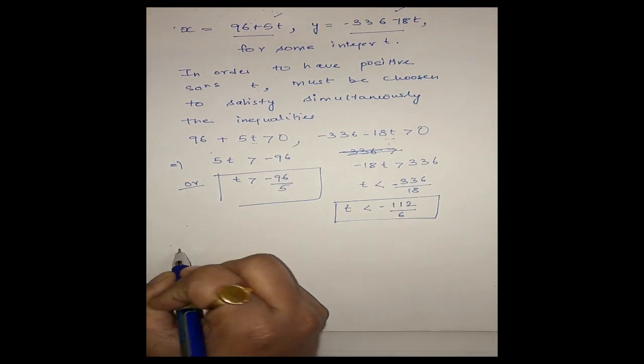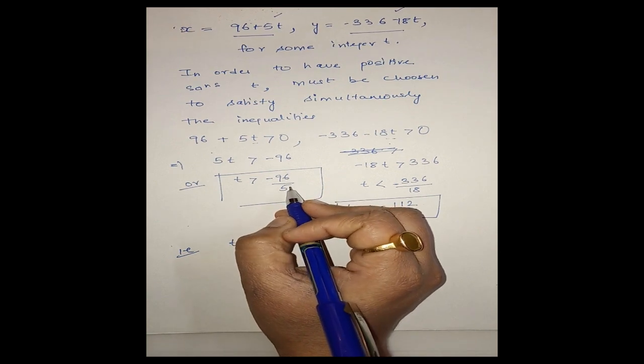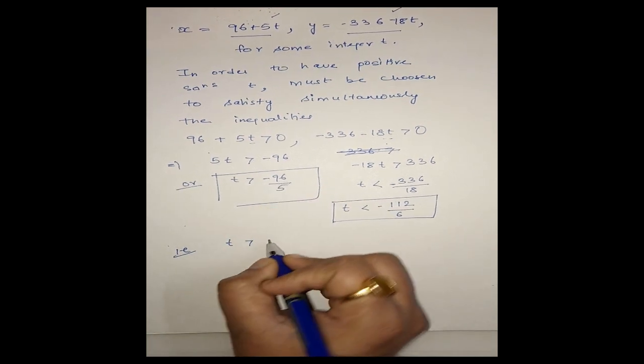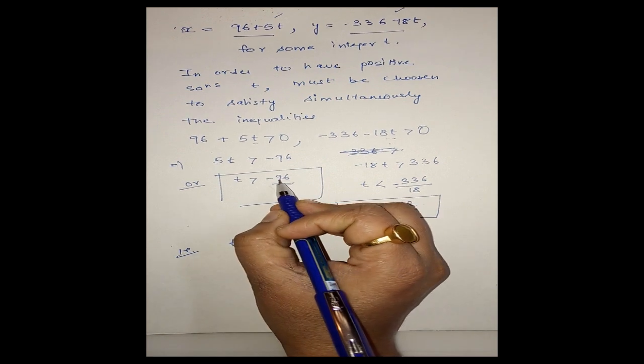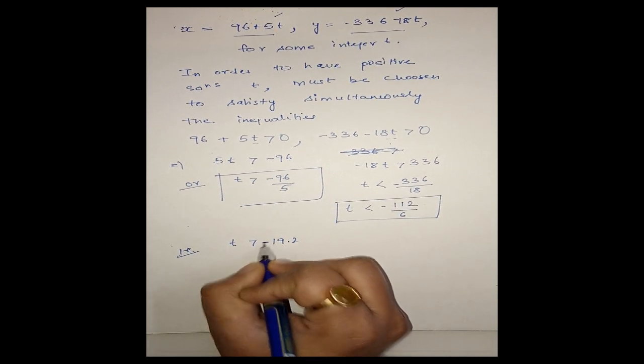Now this will give us 96 by 5, that is 19.2.